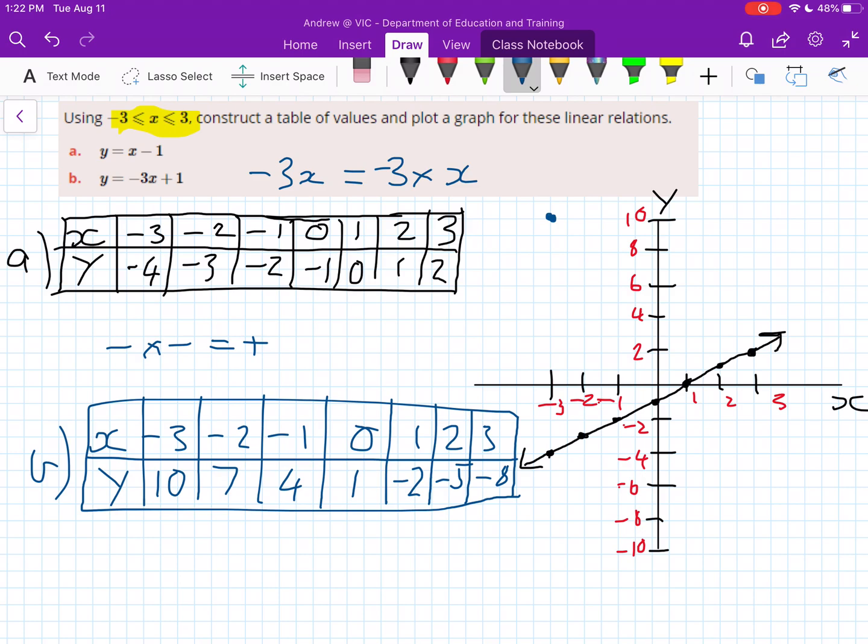And then we've got -2 and 7, -1 and 4, and 0, so when x is equal to 0, y is equal to 1, sorry, I was reading the wrong one, make sure you read the right spot. And then when we have 1, it's equal to -2, 2 is equal to -5, which is down here, and 3 is equal to -8.